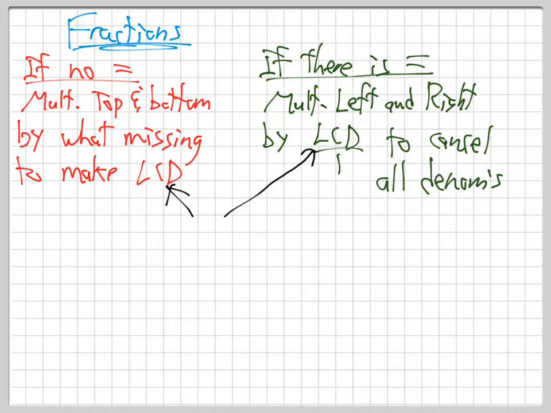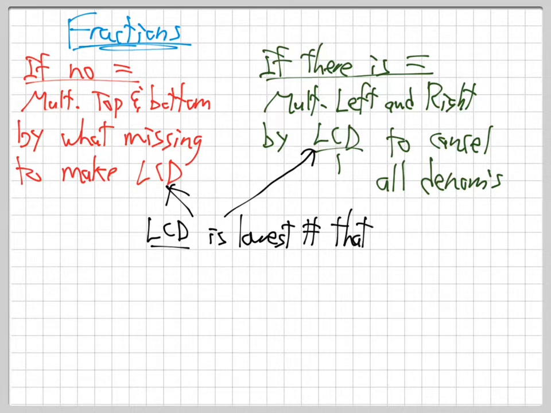And then I put a note on what the LCD is here. So for either case, what is an LCD? An LCD is the lowest number that all numbers divide evenly into.